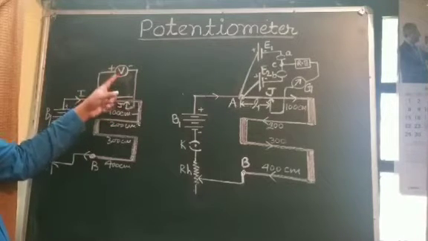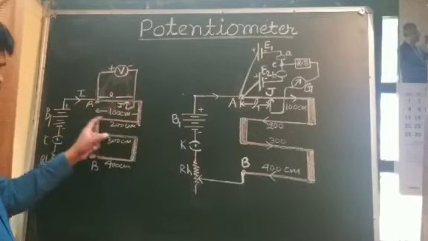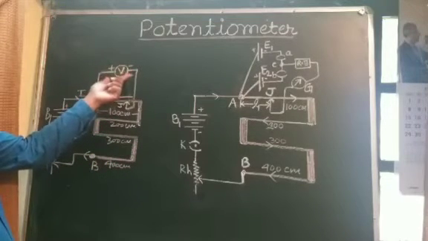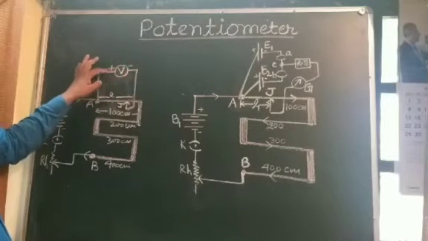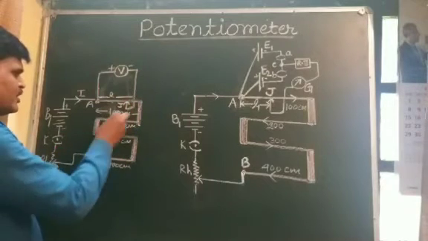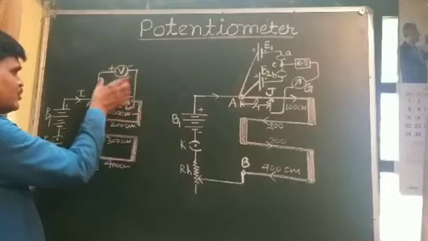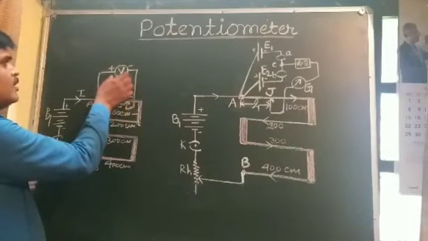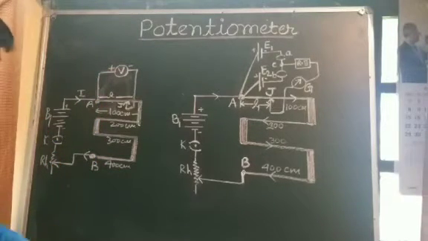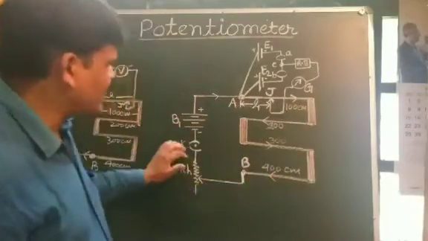As the potential continuously drops from point A to point B, a potential difference can be measured by the voltmeter. One point is connected to A, the other to J. When the jockey touches the wire at length L, the voltmeter measures the potential difference of that length, that is V. And student, this is the circuit for a potentiometer wire.